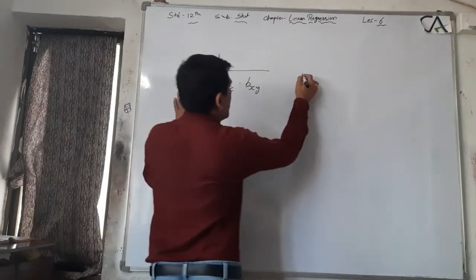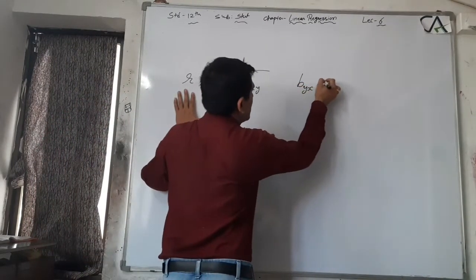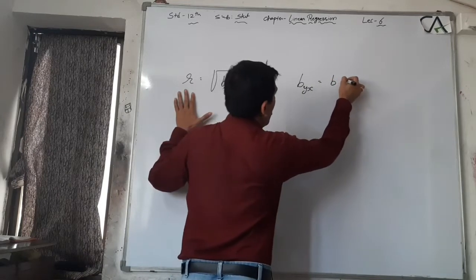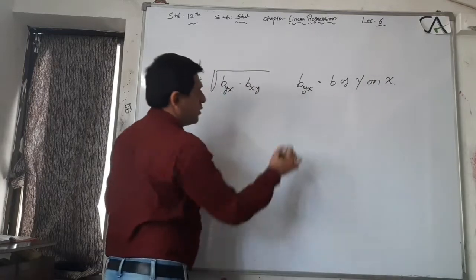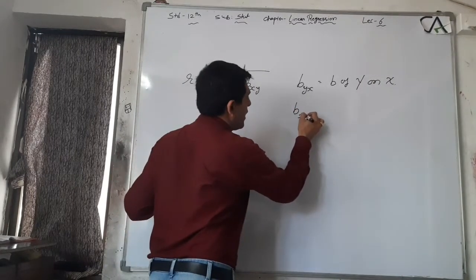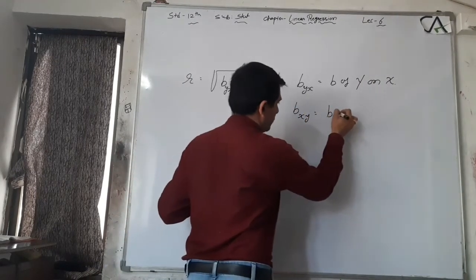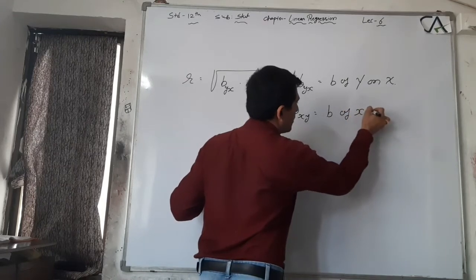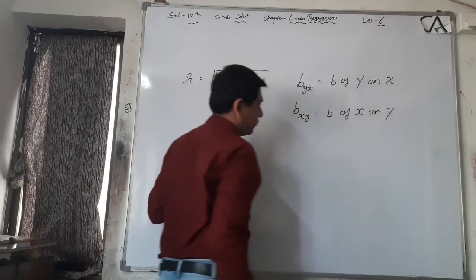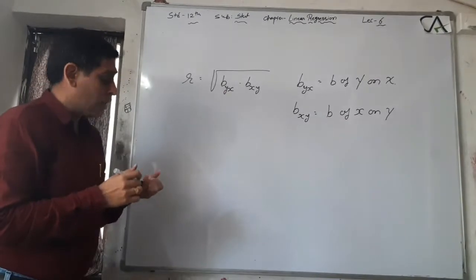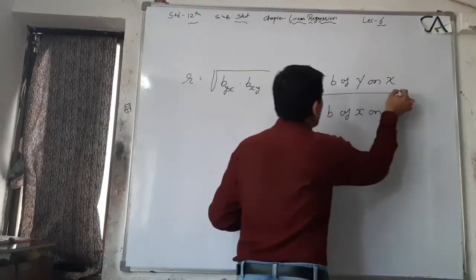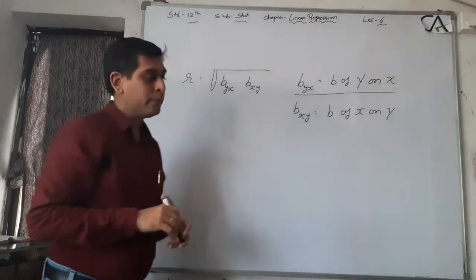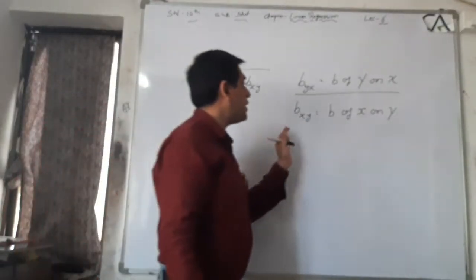This one is Byx, that is B of Y on X. This one is Bxy, that is B of X on Y. I told you in your first lecture that in your syllabus you have this one only, Byx, not Bxy.